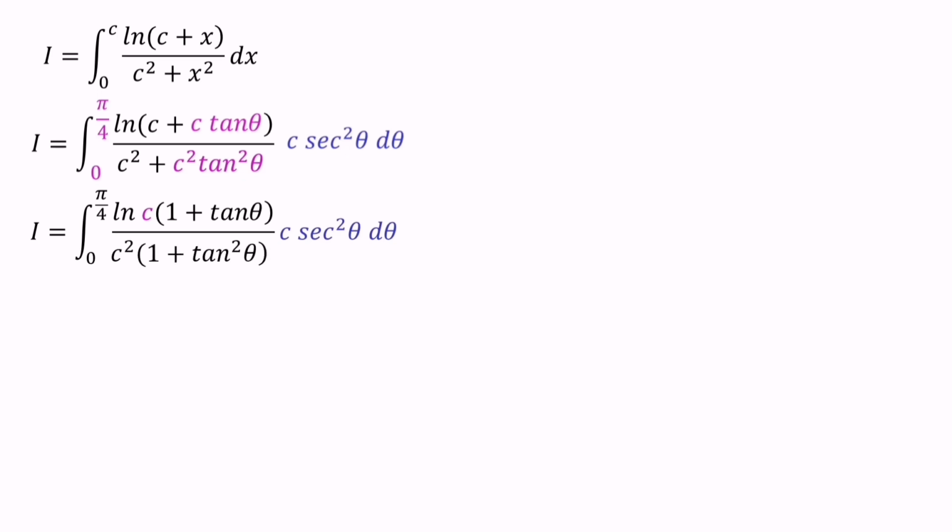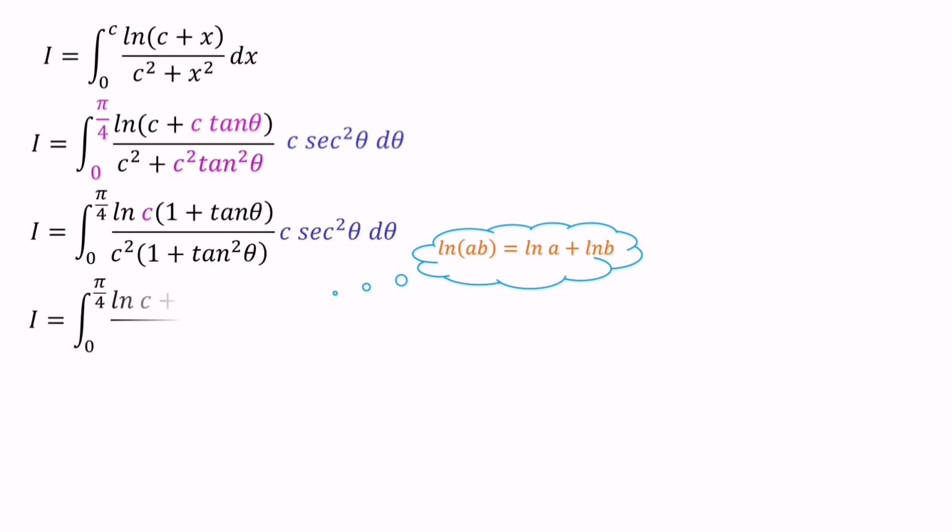We know ln AB equals ln A plus ln B. So the numerator we can write as ln c plus ln 1 plus tan theta. In here, simple c is just like simple A, and 1 plus tan theta is just like simple B. We know 1 plus tan squared theta equals sec squared theta.